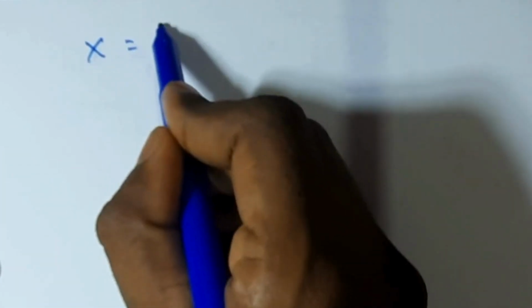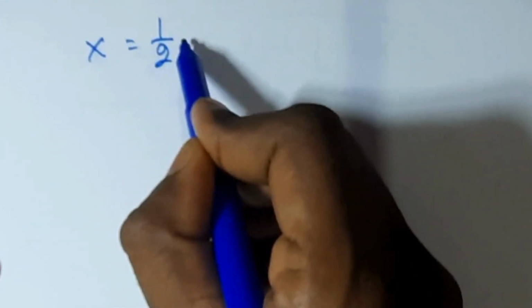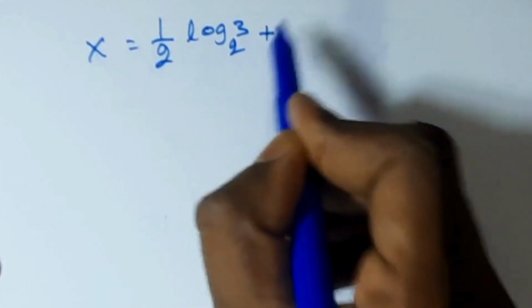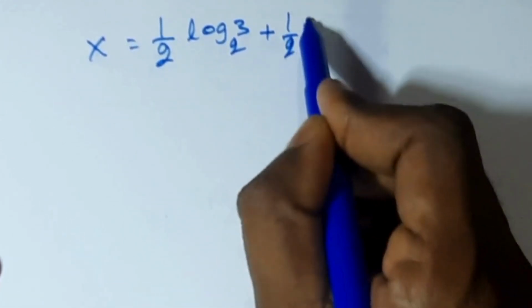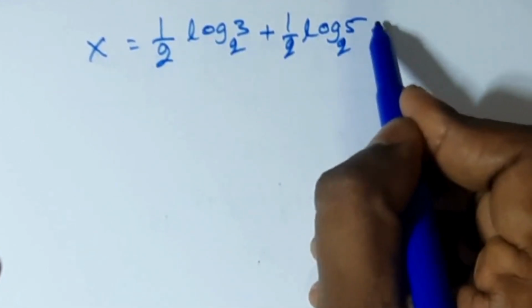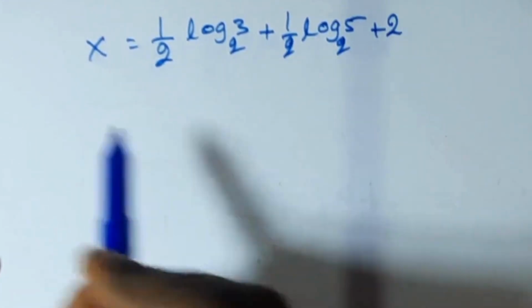Now x will be x equal to 1 by 2 log 3 base 2 plus 1 by 2 log 5 base 2 plus 2. This is the x value.